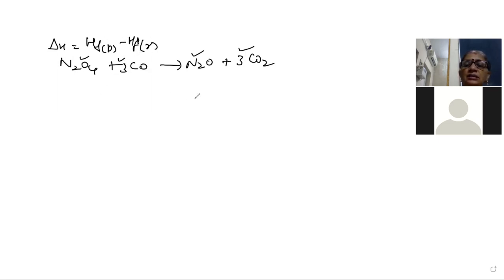But if the formation enthalpy is given in the form of equations, then you have to add or subtract the equations as required by the target equation. If heat of formation of any one of the reactants or products is asked, then you can go for Hess law.